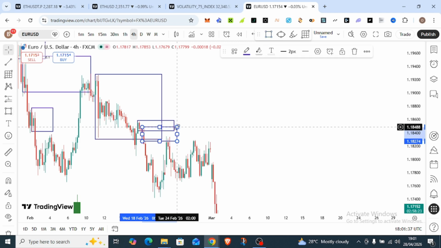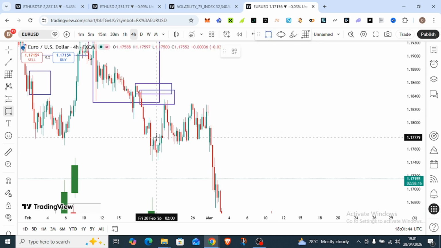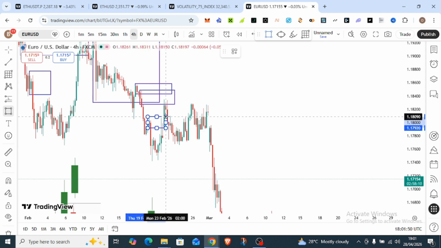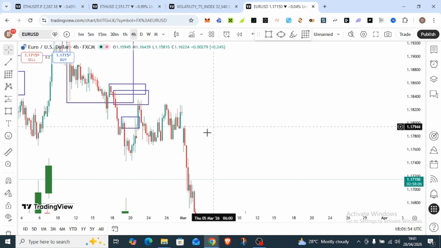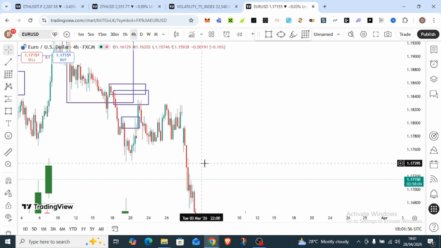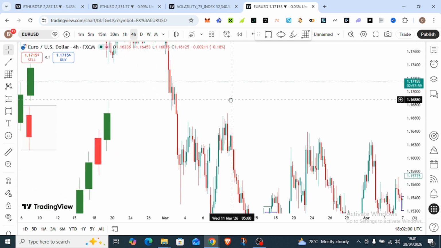You can see it came back to mitigate it. The same thing applies here. There is a break of structure and the previous candle high was taken. So this is another order block. So we can also come to this place and look for another order block.